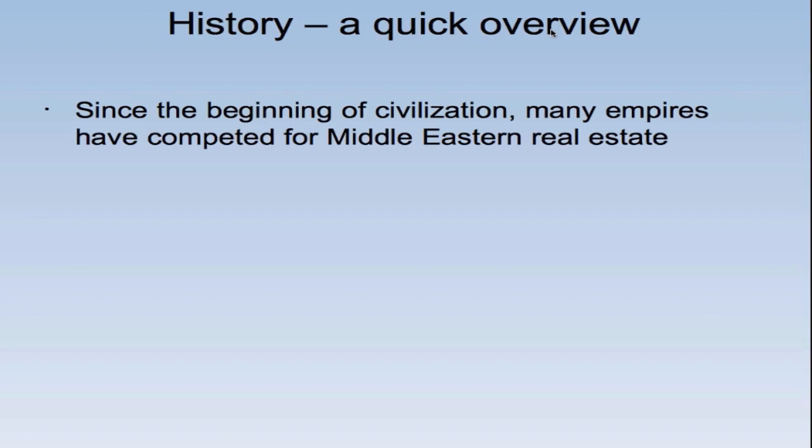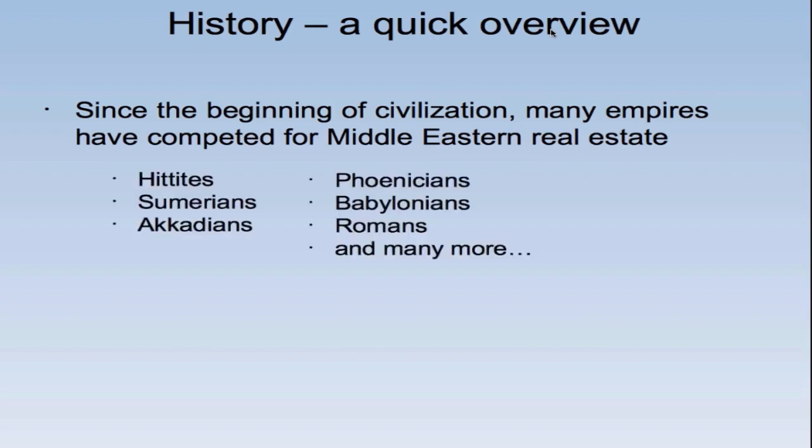So here's a quick overview. Since the beginning of civilization, many empires have competed for Middle Eastern real estate. As long as you define Middle East as a geographical region, the beginning of Middle Eastern history is synonymous with the beginning of civilization.